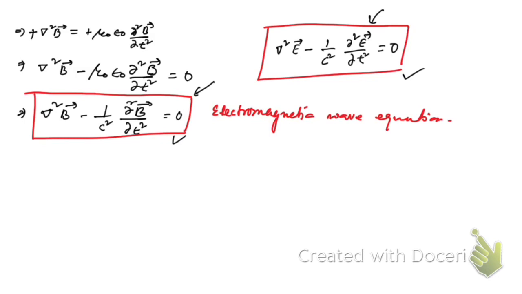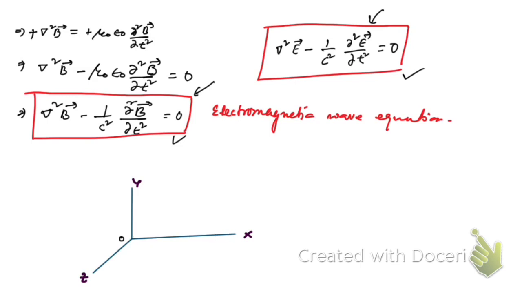So the electromagnetic wave should be like this. Let me show you. This is the x-axis, suppose this is the y-axis, and this is the z-axis, and suppose the wave is propagating along the x-axis, and if this is the magnetic field, this is the electric field, suppose.